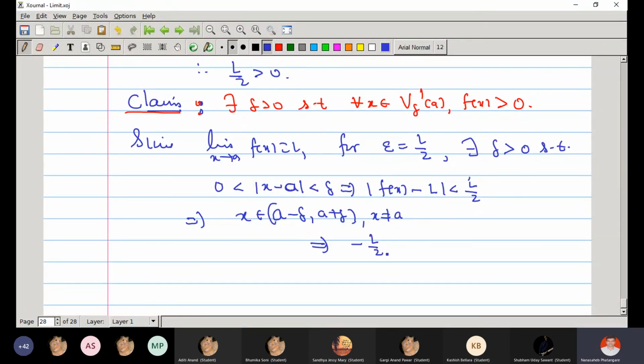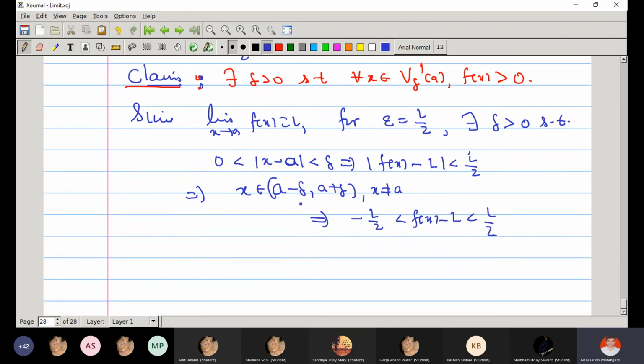eliminate this absolute value sign. So minus L by 2 is less than f of x minus L, which is less than L by 2. So whenever x is in this neighborhood and x is not equal to a, then L minus L by 2 is less than f of x, which is less than L by 2 plus L. Is it correct? Yes, sir.